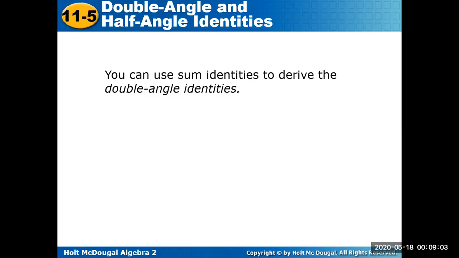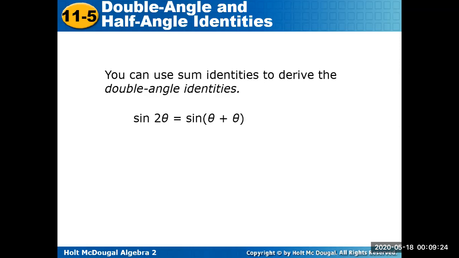We can use the sum identities that we learned in term 2 to derive the double angle identities. For example, sine 2 theta can be written as sine of theta plus theta. Theta plus theta is 2 theta.